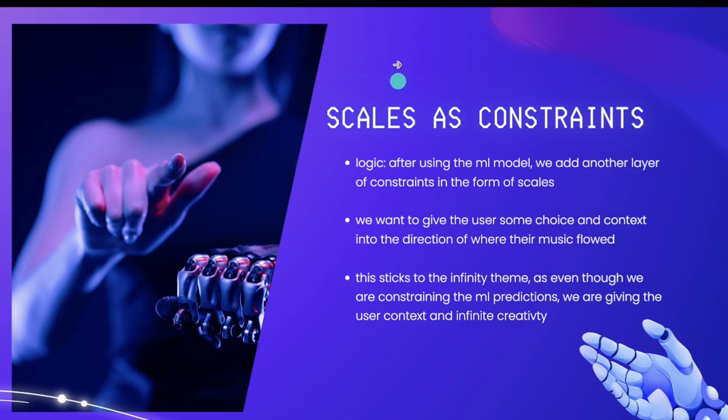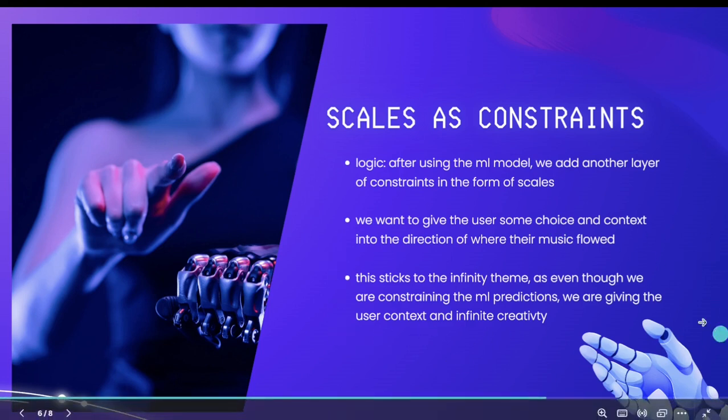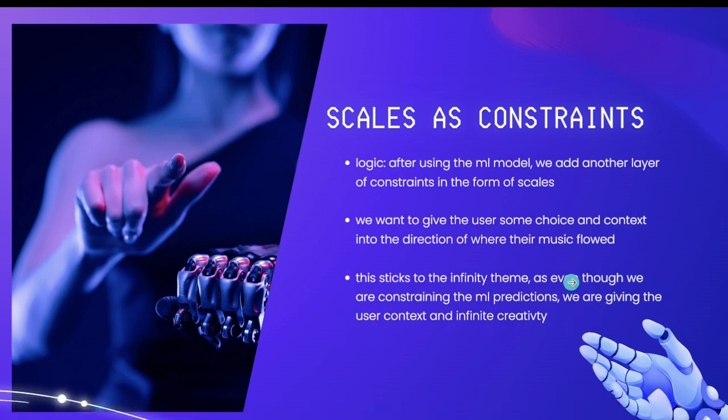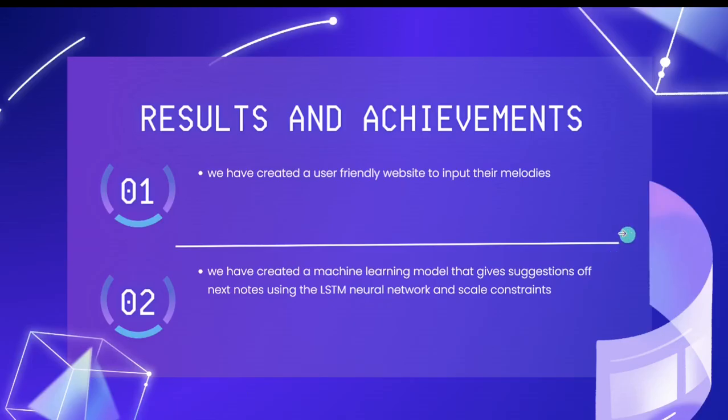But having these scales as constraints, the user can input major if it's happy, or minor if it's sad, or some Japanese scale if they want to sound more Japanese. So this sticks to the infinity theme as well, because we're giving the user infinite possibilities, infinite context, and it'll enhance their creativity even more as they can play around with the scales and figure out what's best for them.